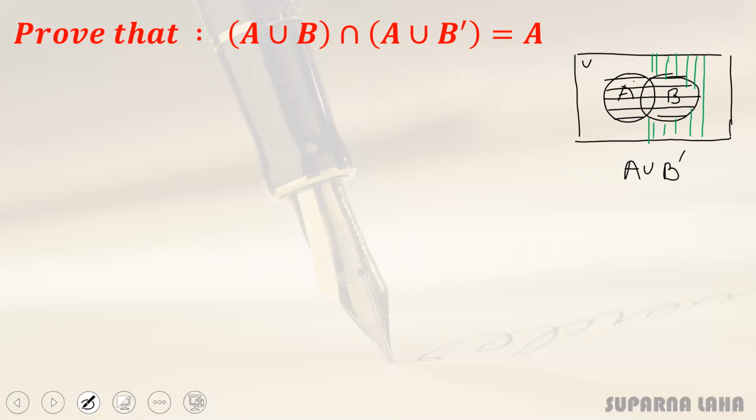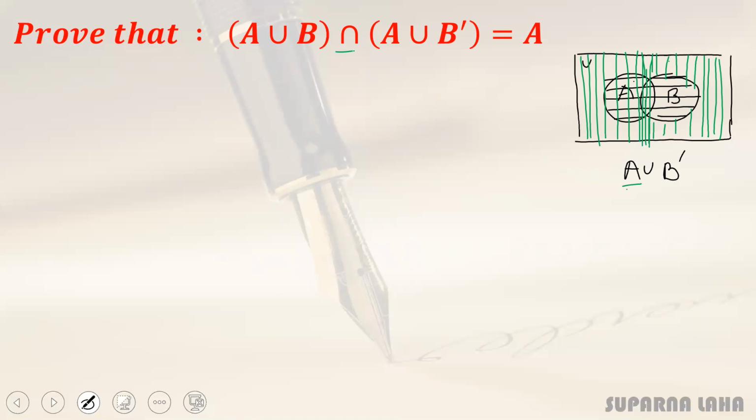This is B complement. Okay. Now you need to take union with A. That means this portion also we need to take. That is total A. Now look at that. You need to take the intersection now.